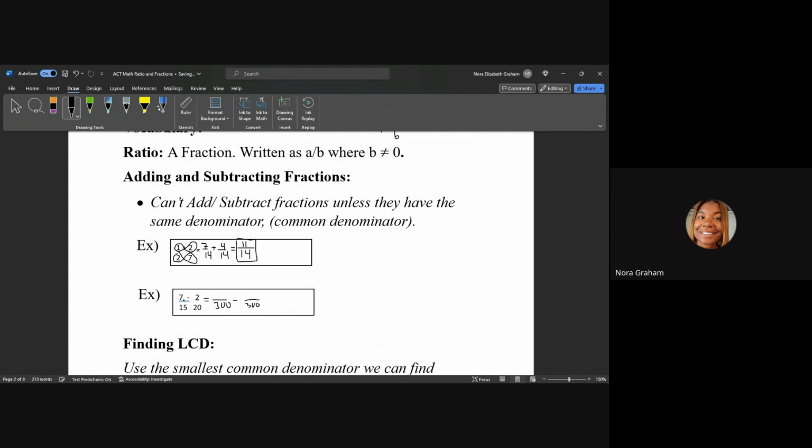So I multiply 15 times 2. That's going to give me 30. And then 7 times 20, because I'm doing the cross method. 7 times 20, that's going to give me 140.